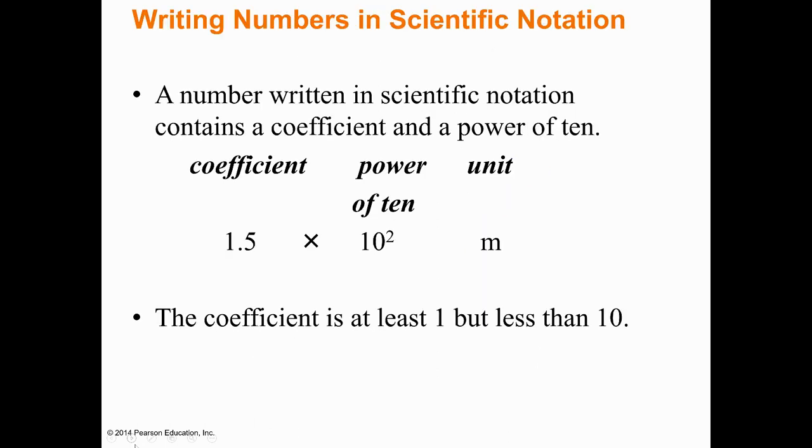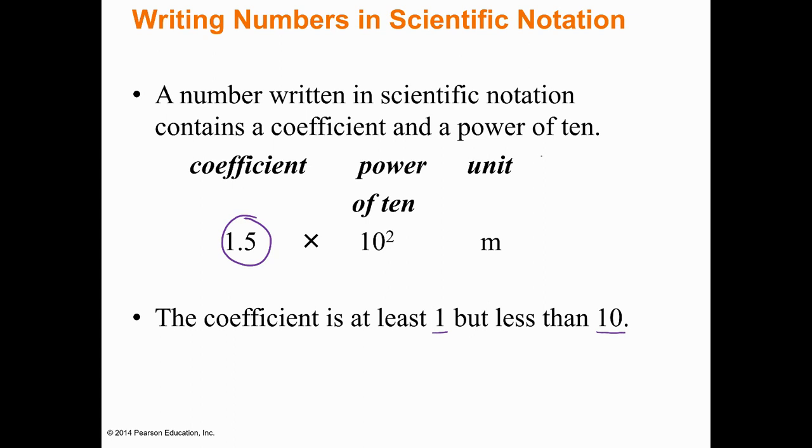Okay, so the scientific notation value would be the coefficient, the number has to be at least 1 but less than 10. So in this case, our coefficient is 1.5, and then the power of 10 is 10 to the 2.